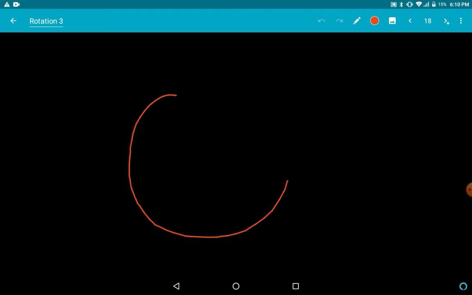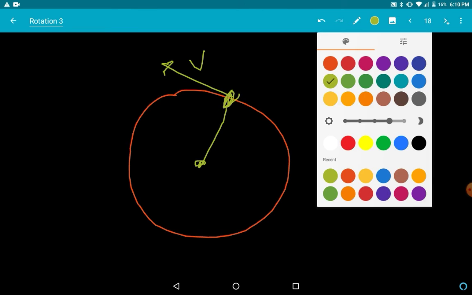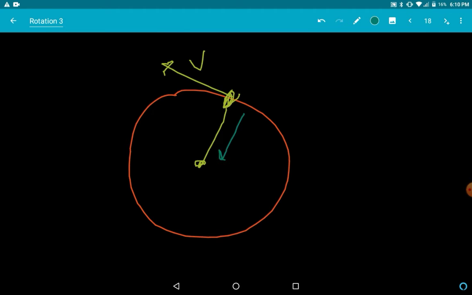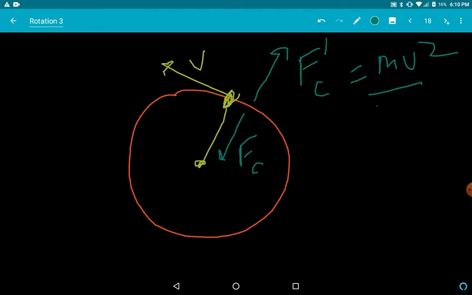So if a body is going like this, and this is the force, that's a centripetal force, then the centrifugal force will act outwards. Okay, obviously the magnitude is same also, no problem.